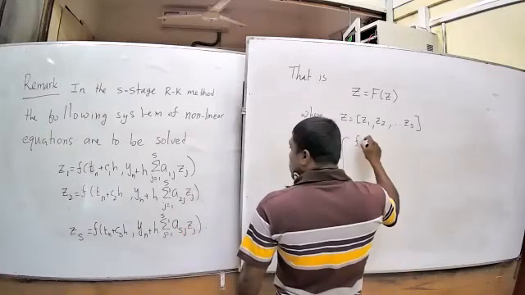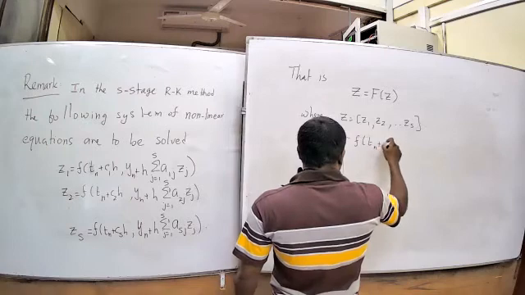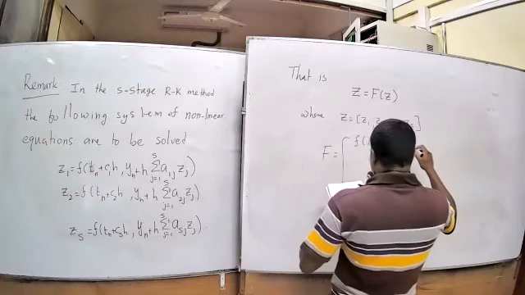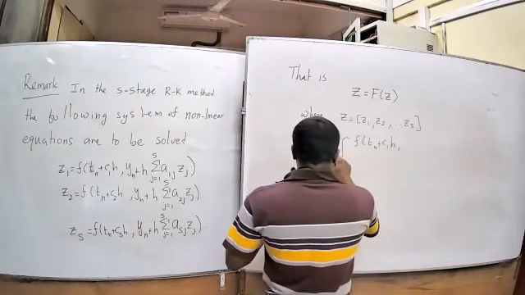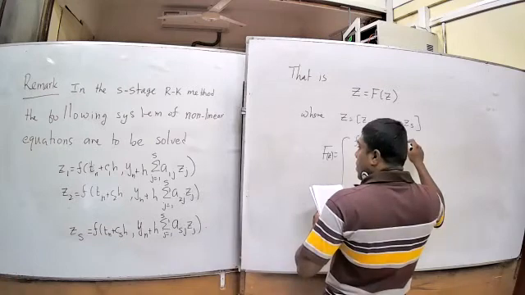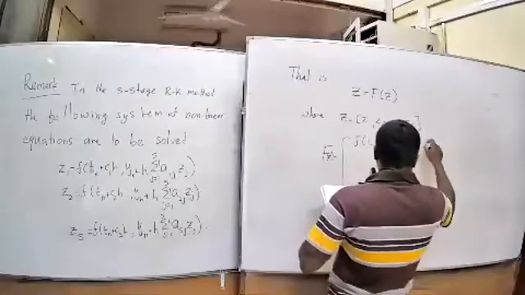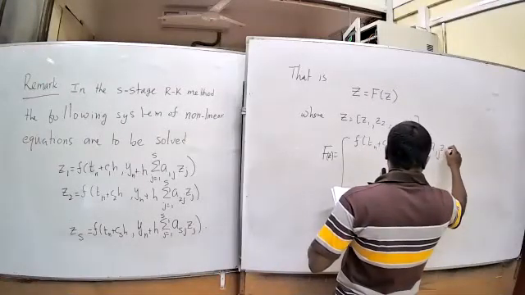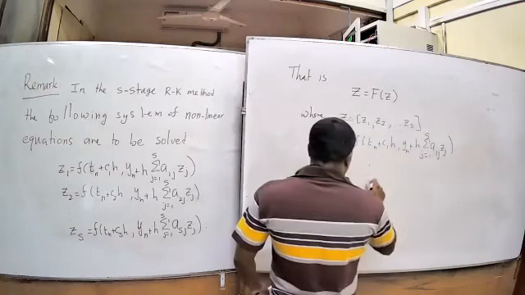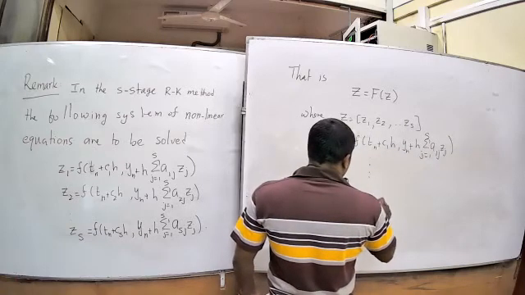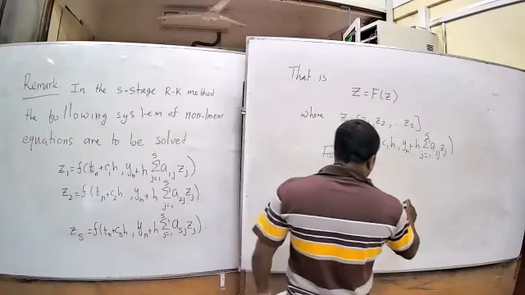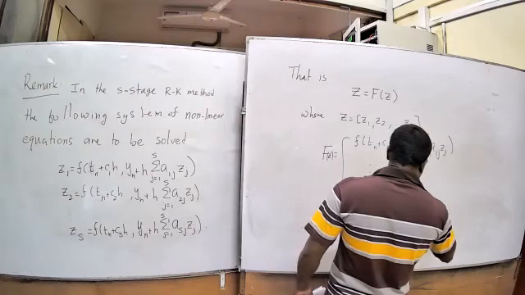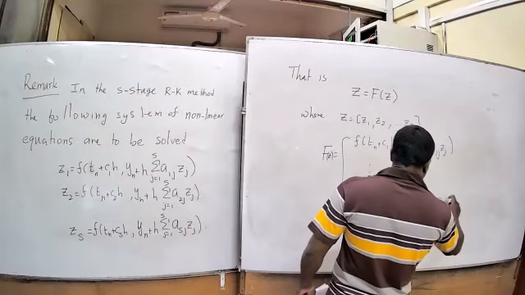So small f of Tn plus C1 H, comma Yn plus H times the sum over j equal to 1 to s of A1j Zj, all the way up to f of Tn plus Cs H, Yn plus H times the sum over j equal to 1 to s of Asj Zj, right?